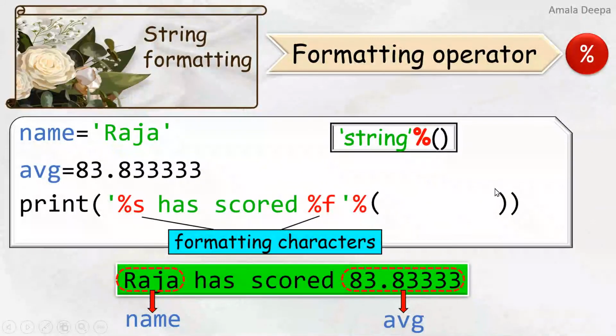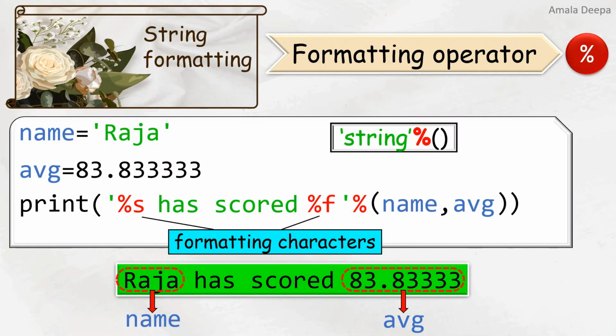And after the percentage symbol, within the parenthesis, you place a comma and now you fill in the variables which correspond to these two formatting characters. For %s, the variable is name, and for %f, the variable is AVG, average.